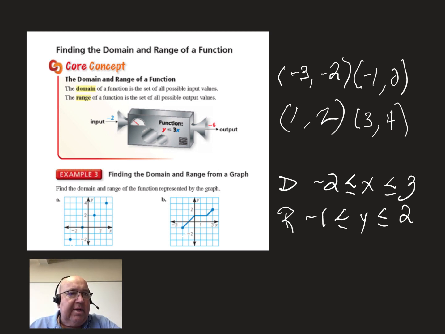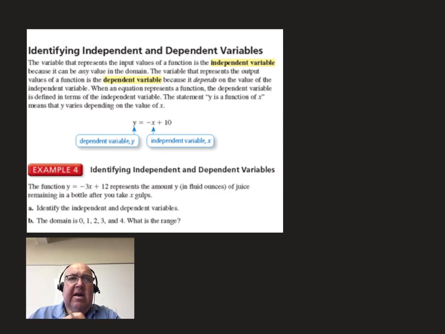Alright, going on to here. Identifying an independent and a dependent variable. Okay, so by definition, the thing that you change is called the independent variable. So when we write equations, we're usually changing the value of x. And then the value of y then depends upon that.